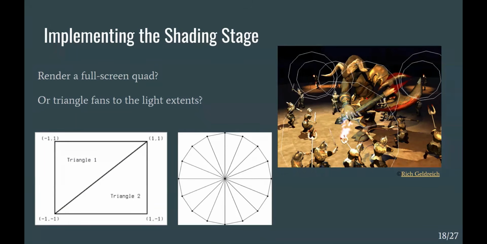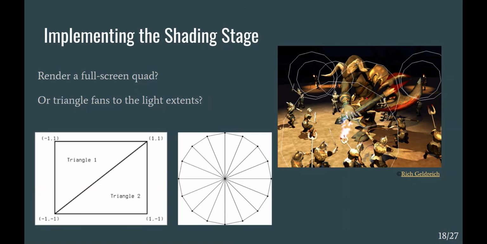Let's say we have a big light, the sun. The sun affects the entire screen. What we can do is we can put in a pair of triangles that form a quad, and this quad fills the entire screen. When we rasterize this quad and do the shading, we are essentially doing shading on every single pixel of the screen.